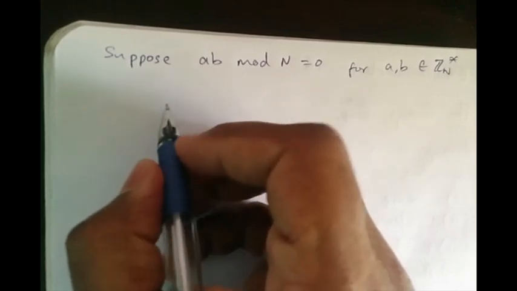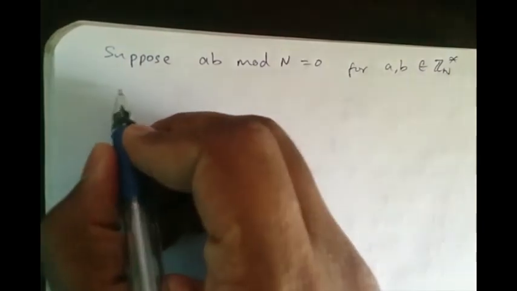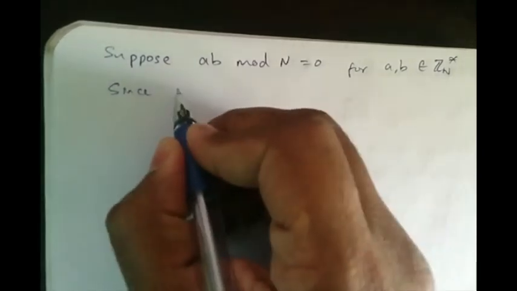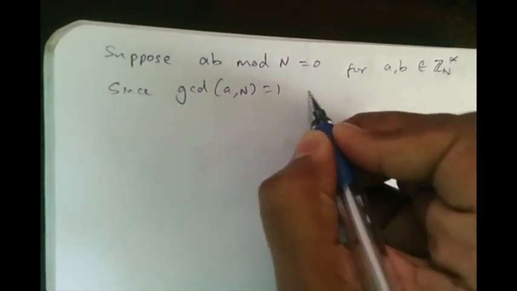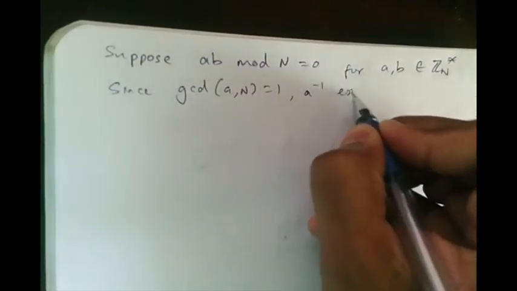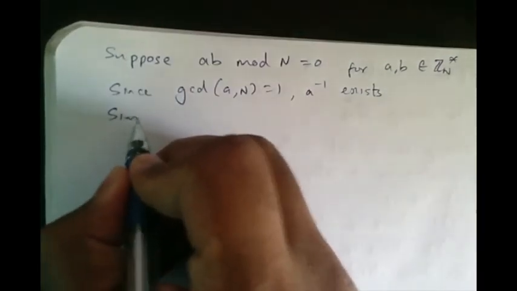Since AB belongs to Zn star, the GCD of A with n is 1 and the GCD of B with n is 1. A inverse exists, and similarly B inverse exists.